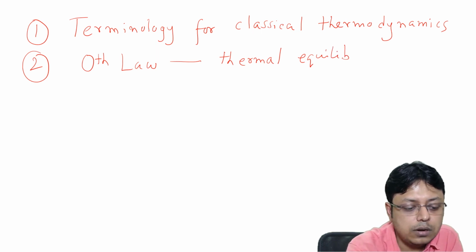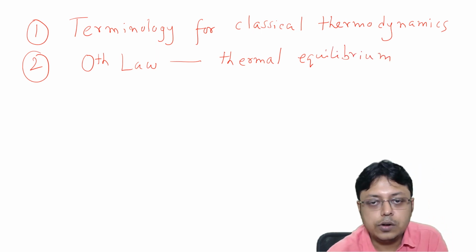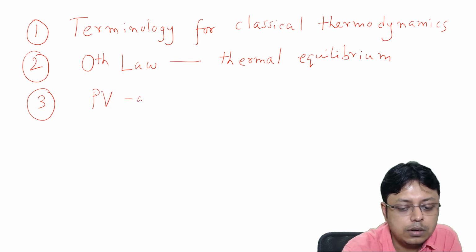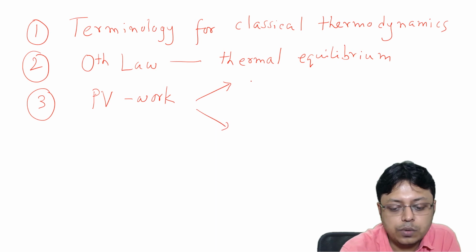Then we focused on particular process where we talked about expansion and compression work. In the expansion case, all this work is known as basically pressure volume work, and we talked about the expansion work and the compression work.